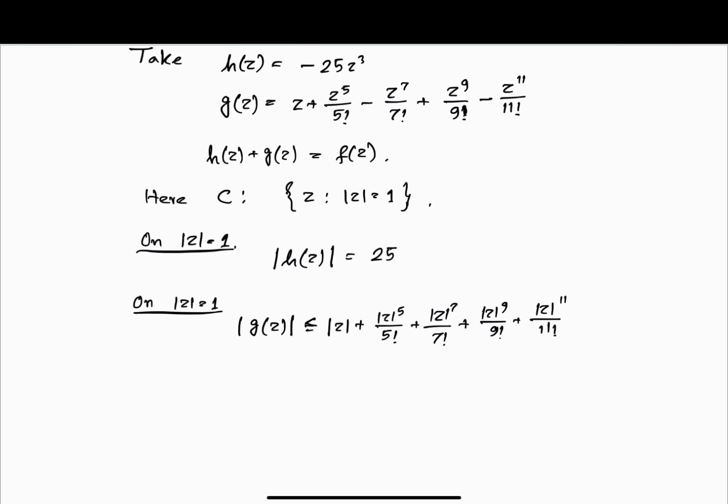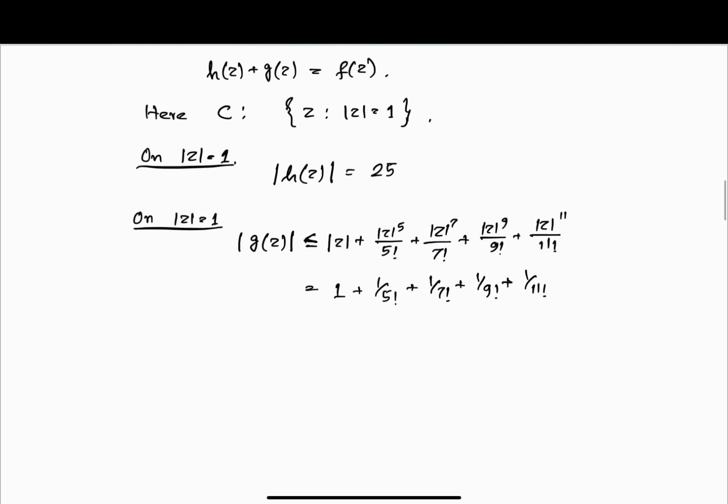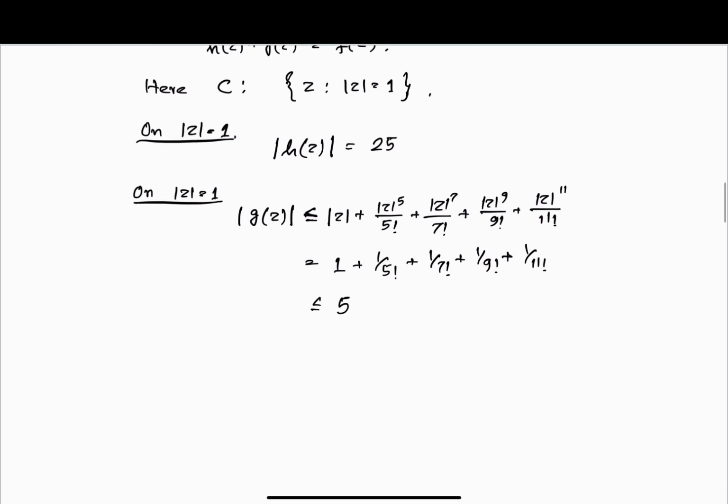So this is less than or equal to, and since mod z equals 1, I just put 1. So this is 1 plus 1 by 5 factorial plus 1 by 7 factorial plus 1 by 9 factorial plus 1 by 11 factorial. Now all of these are less than or equal to 1, so I just make it less than 5, right? So we get that mod g(z) is less than or equal to 5 on mod z equals 1.